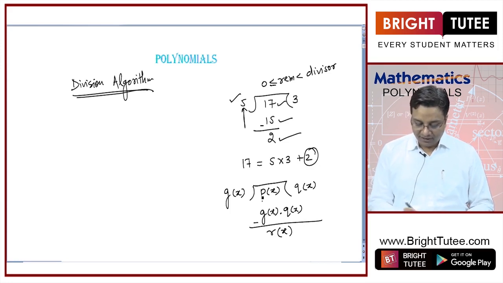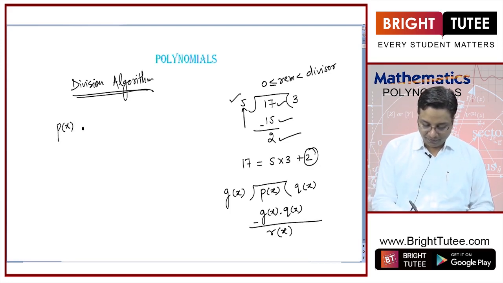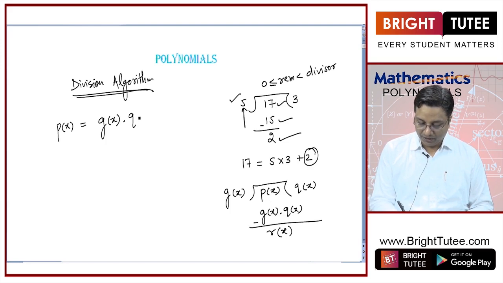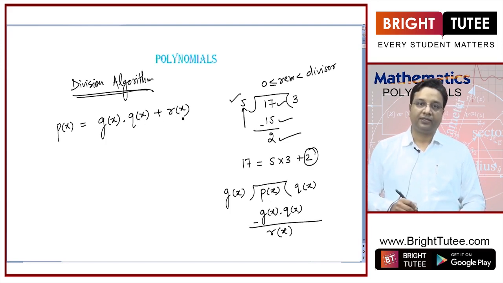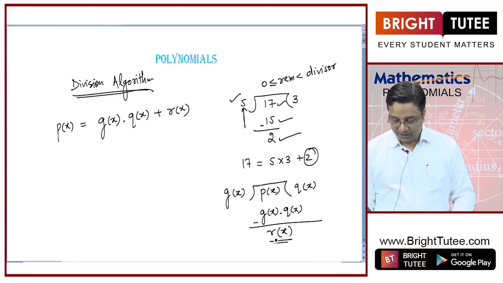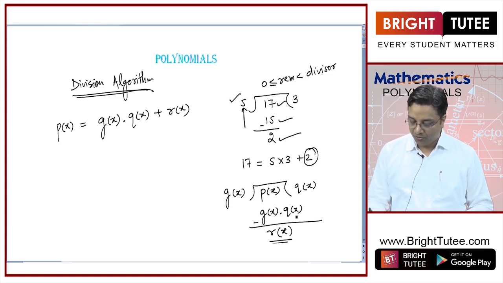So, in this case p(x) is equal to g(x) into q(x) plus r(x). How did we obtain r(x)? By subtracting g(x) into q(x) from p(x). What we did was p(x) minus g(x) into q(x) is equal to r(x). So, if I bring this to the right hand side, I will get an expression like this.